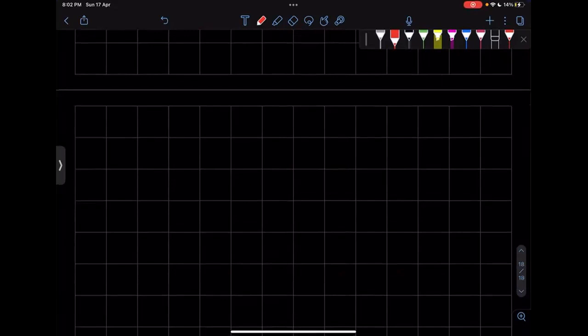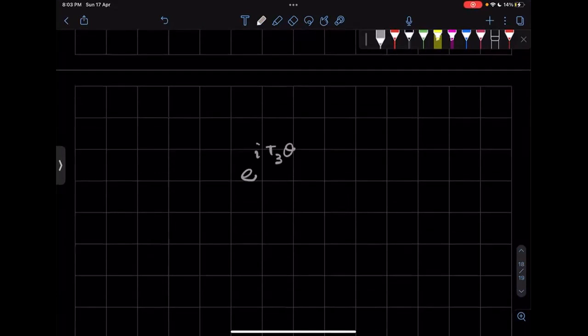Let's take, say, SU2, e to the power i T3 theta. This relates to a rotation matrix in your SO3, which is rotation around the z-axis by something like this, right?